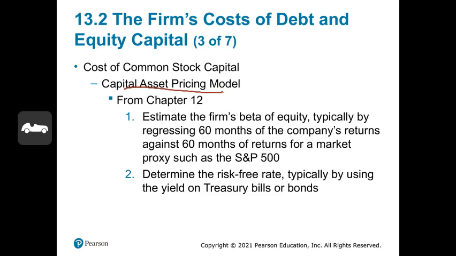So the firm's beta, which tells us how risky it is relative to the home market, and we look at the market risk premium, how risky our stock is compared to the market. And then we also incorporate a risk-free rate. All you have to do is worry about the formula. You'll be given all the information, just plug it into the simple formula and calculate the cost of equity.